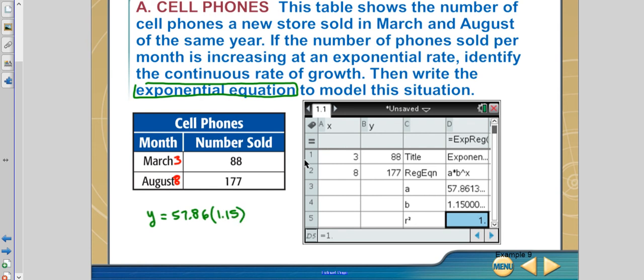I'm rounding to the nearest hundredth to the power of x. That's our equation. And if you remember from our formulas, the base, it's always 1 plus the rate. So this would mean the rate is 15%. So the growth rate is 15% per month.